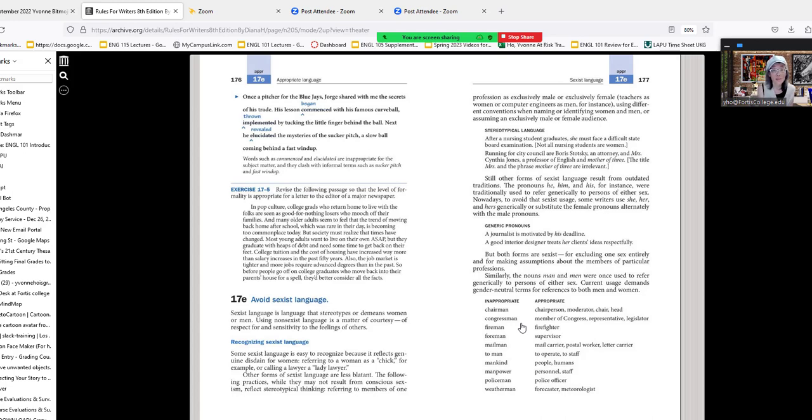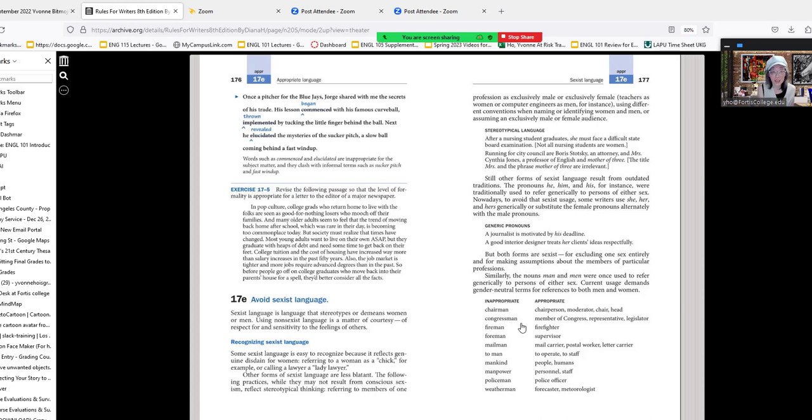Words such as commenced and elucidated are inappropriate for the subject matter, and they clash with informal terms such as sucker pitch and fast windup. And so therefore you want to keep your tone consistent. If you're going to use an informal tone, then keep all your words in an informal tone. If you're going to be in a formal tone, then all your words have to be in a formal tone.